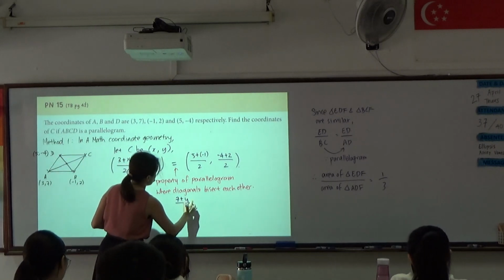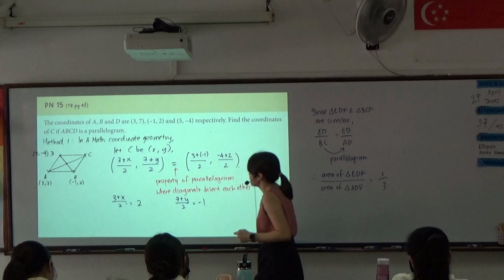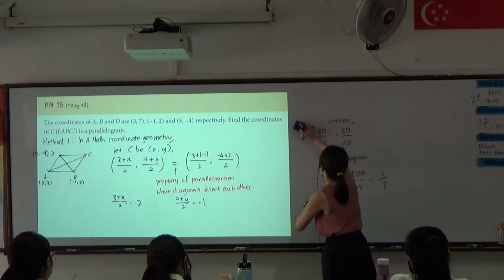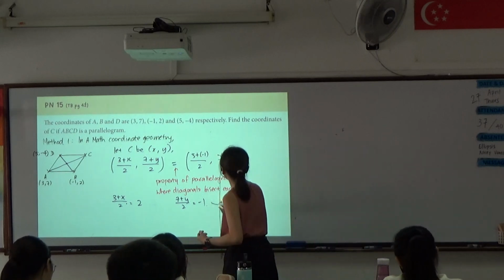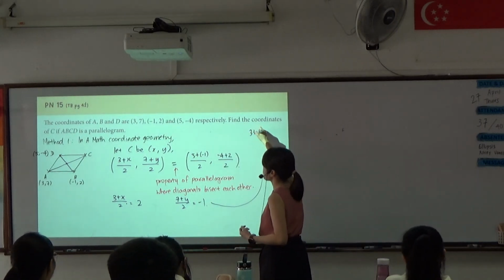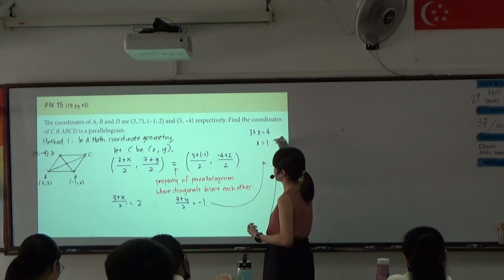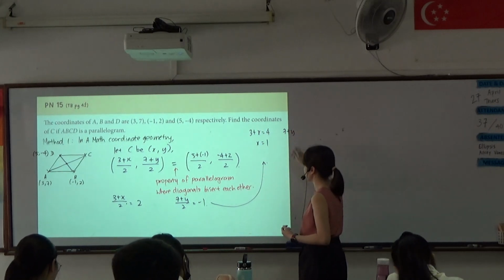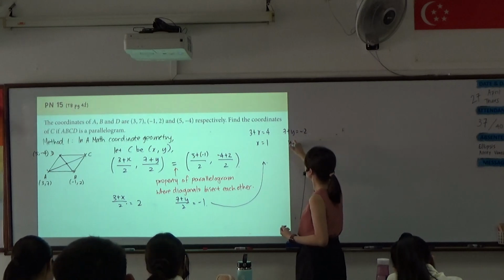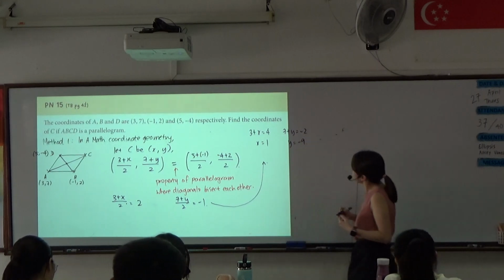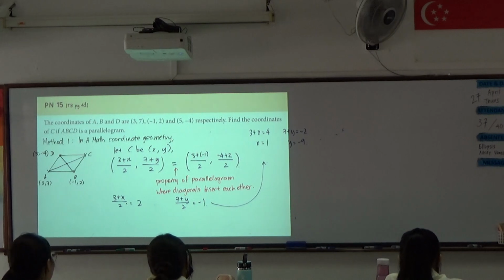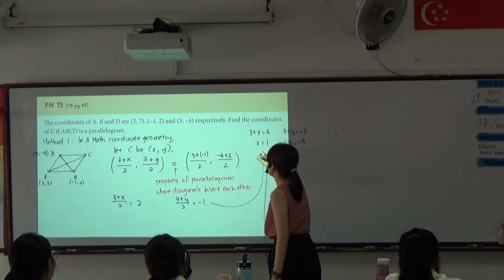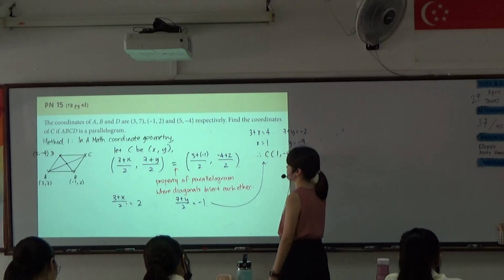The y coordinates also have to be the same, that will be equal to negative 1. Then we solve to find that 3 plus x equals 4, so x equals 1. We find that our x coordinate is 1 and our y coordinate is negative 9. Hence, C has the coordinates 1, negative 9.